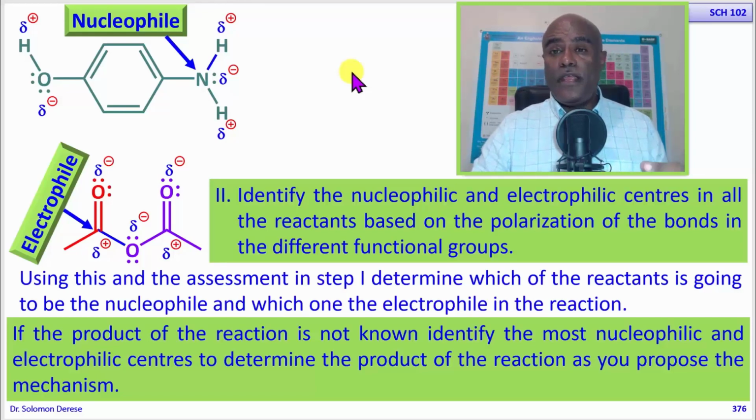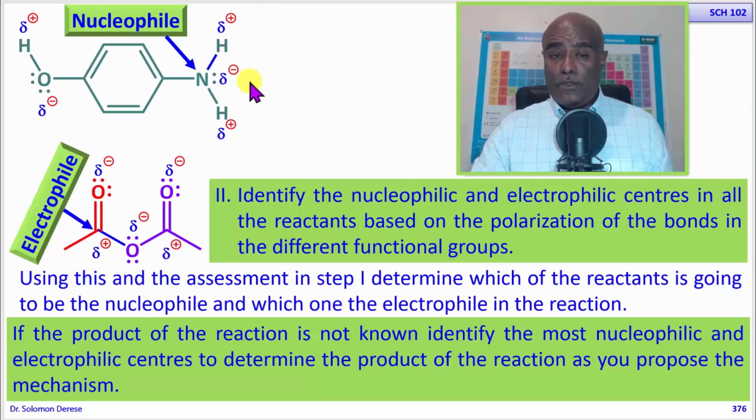And then the reaction is going to be between those most nucleophilic and most electrophilic centers. So understanding mechanism is a powerful tool. Knowing reaction mechanism is a powerful tool. You can even predict the product of reactions you have never come across, because the bond between these reacting species is going to form between the most nucleophilic and the most electrophilic centers.